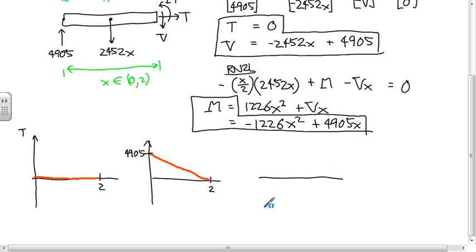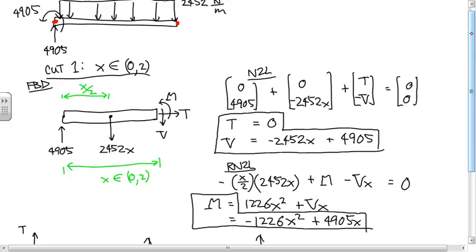And then the bending moment. When x is equal to 0, oh, we forgot something. I forgot that couple. Okay, so go back up to the free body diagram of cut 1.